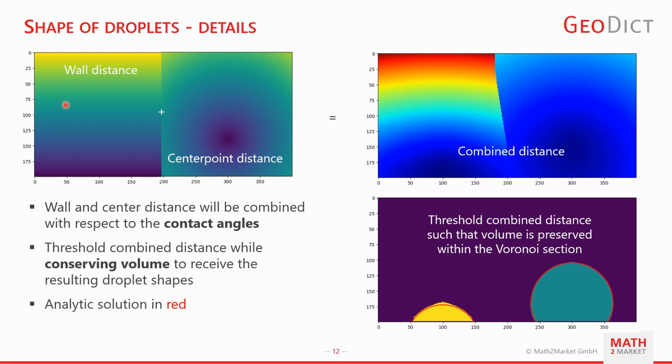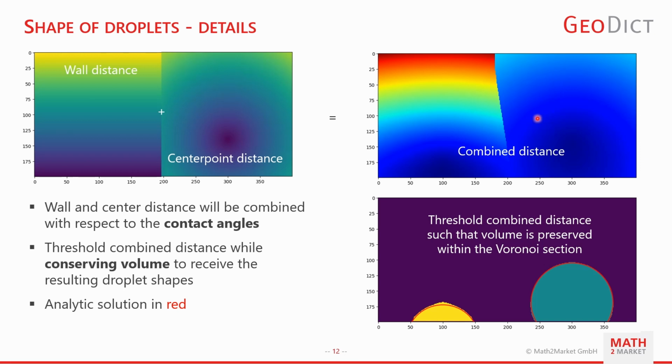We will now combine the wall distance and the center point distance and weight both of them according to our contact angle, and we will get something like this here, the combined distance. As you can see in each section, it totally looks different because we have different contact angles for the left and the right droplet here.